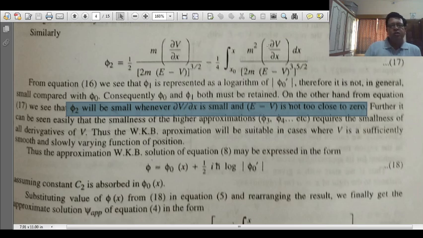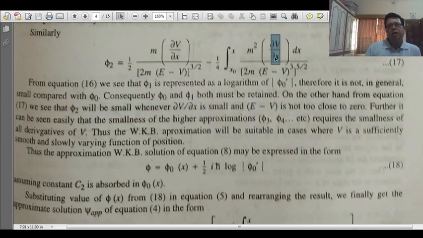If we see this equation, delta v upon delta x is small and E minus V is not close to 0, so this term can be neglected.